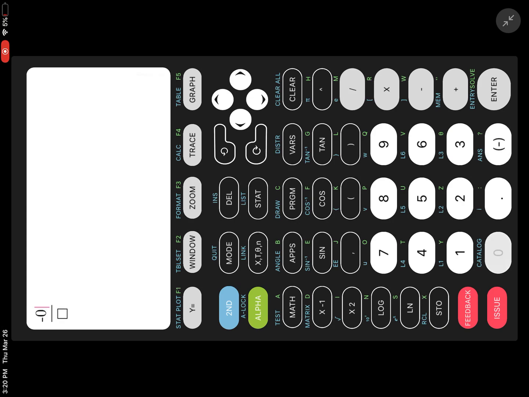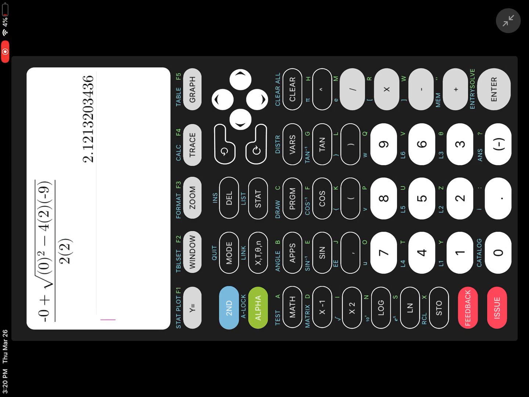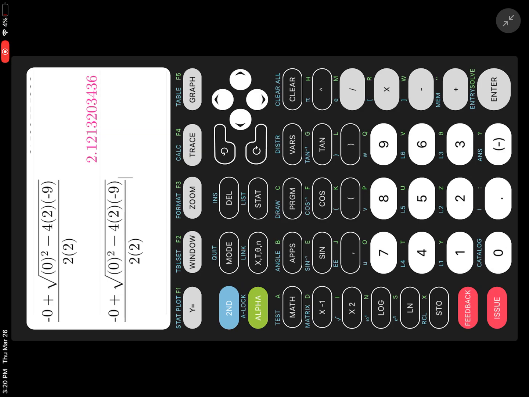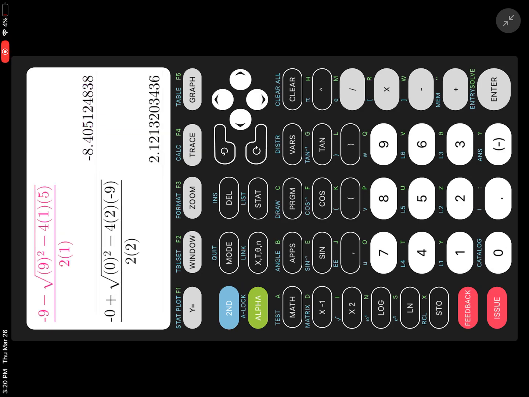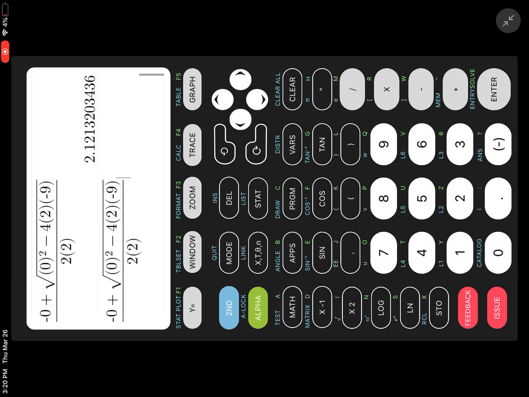I have to try that again. I apologize. So 0 square root 0 squared minus 4 times A times C. And then down here is 2 times 2. That looks a little better. And while I'm on this screen, I'm going to go ahead and do the same thing. I'm just going to change it from a plus to a minus.